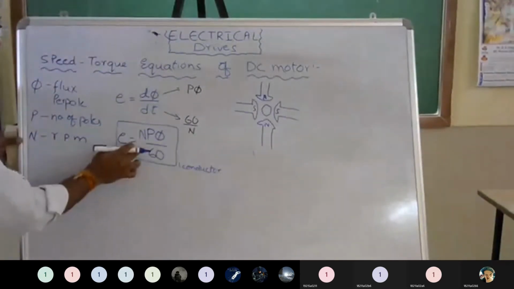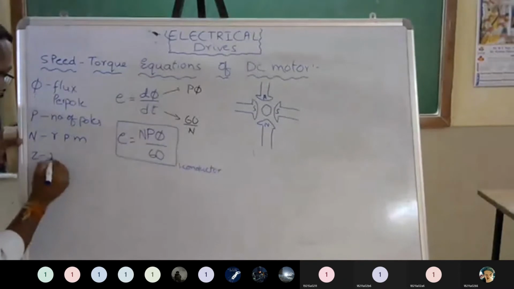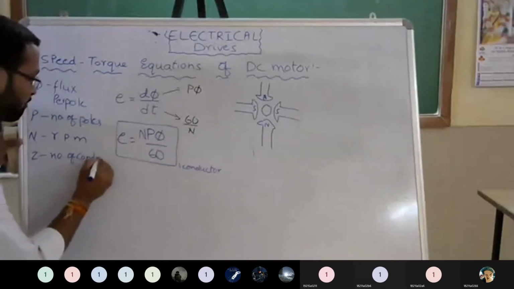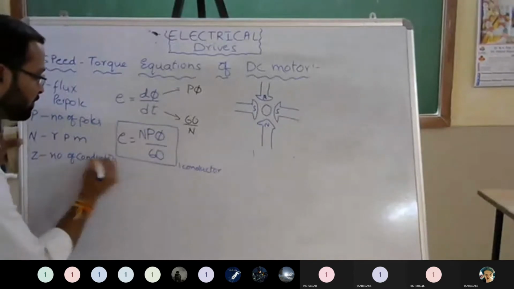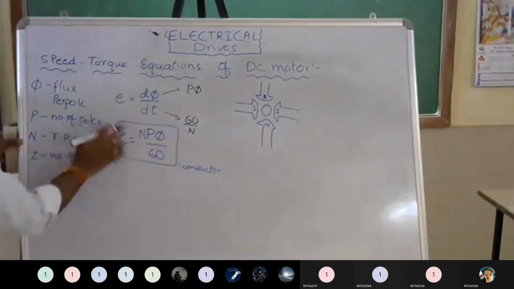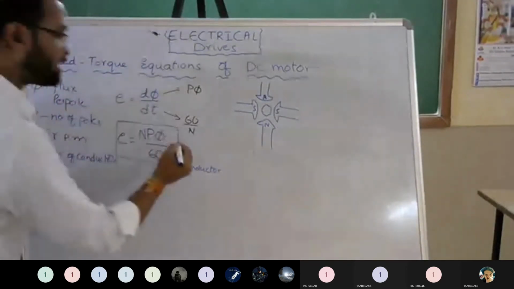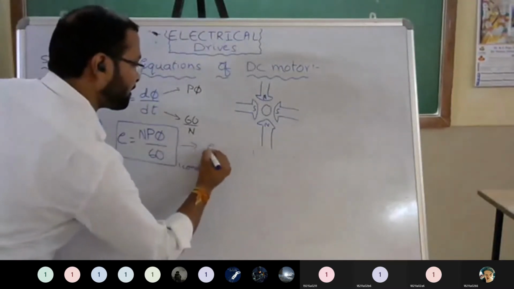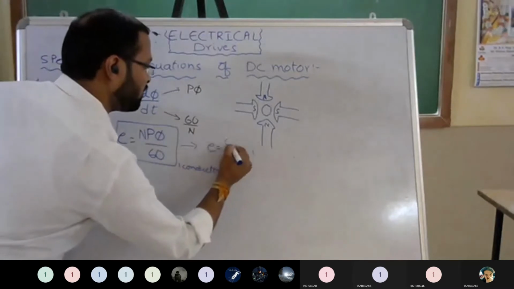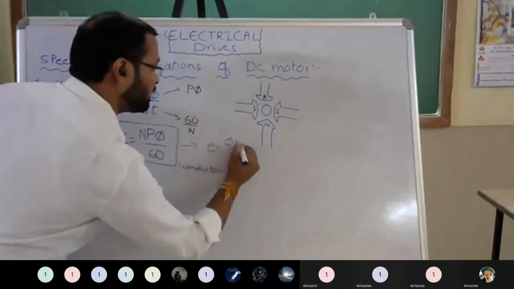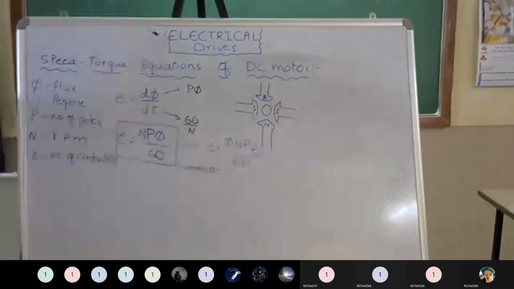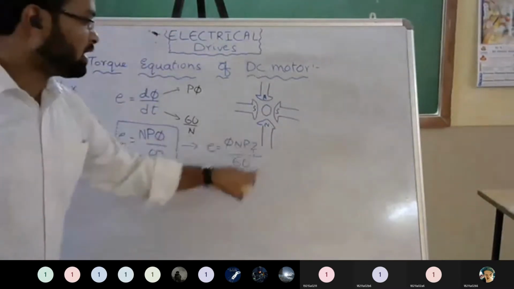If one conductor generates this much, and Z is the number of conductors, then Z conductors means multiplied by Z. So E is equal to phi N P Z by 60. This is the formula in terms of conductors.